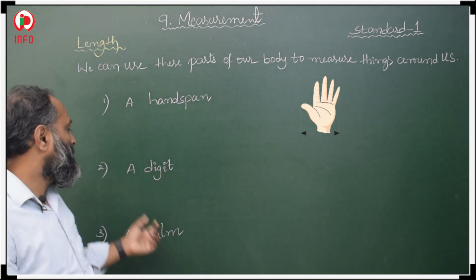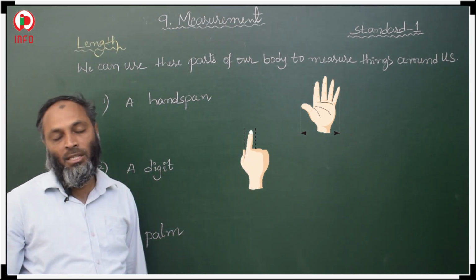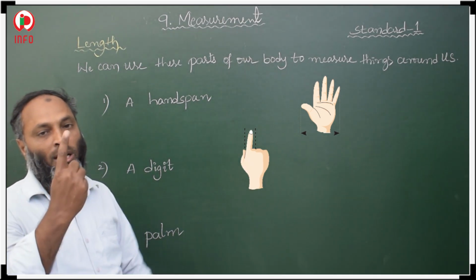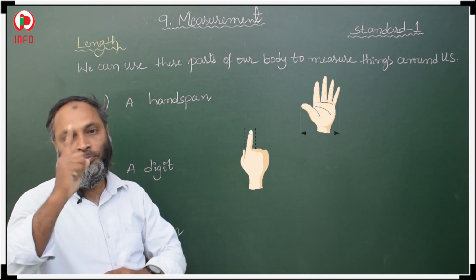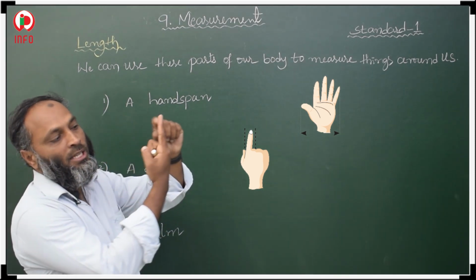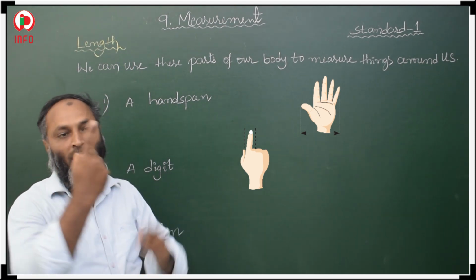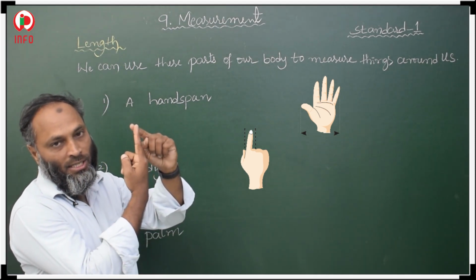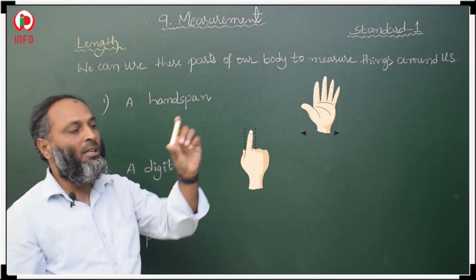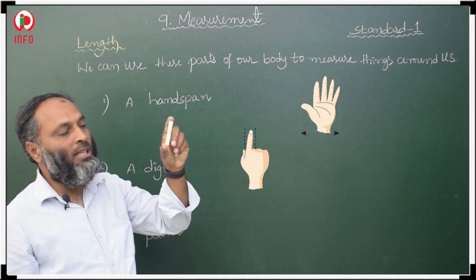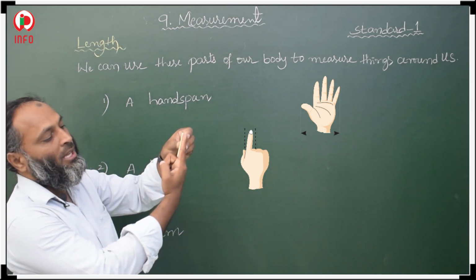One more, a digit. What is a digit? A digit means the total length of the first finger. The total length of this finger is a digit. If this chalk piece is there, what is its length?